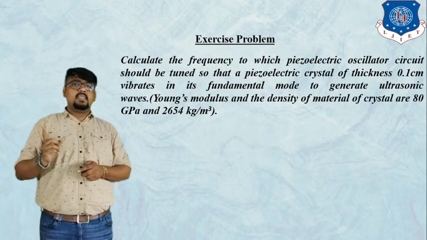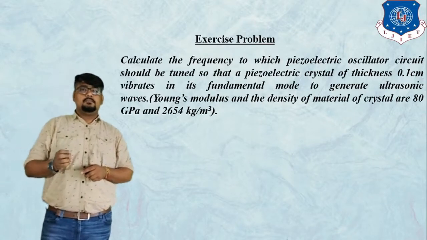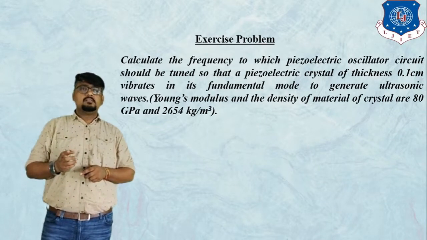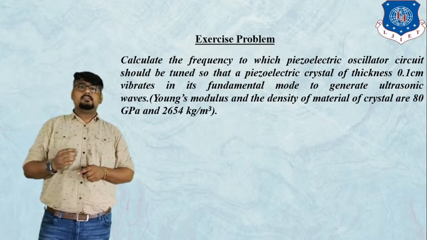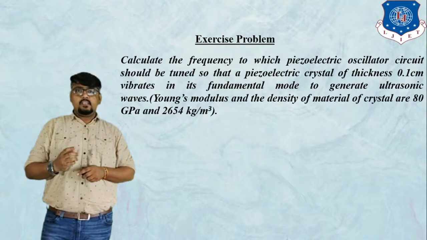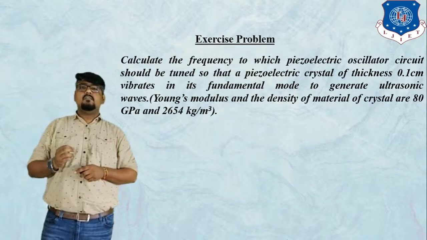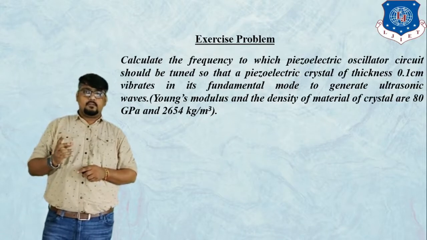Fundamental mode means P equals 1, to generate ultrasonic waves. The Young's modulus and density of the material of the crystal are given: Young's modulus is 80 gigapascal and density is 2654 kg per meter cube.